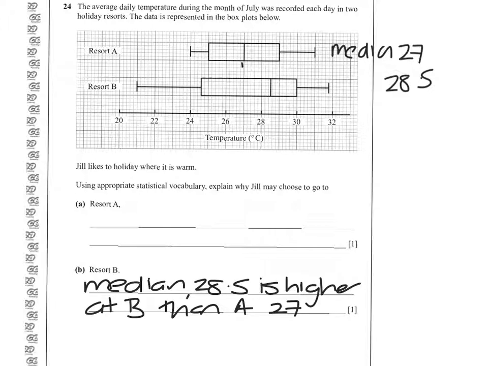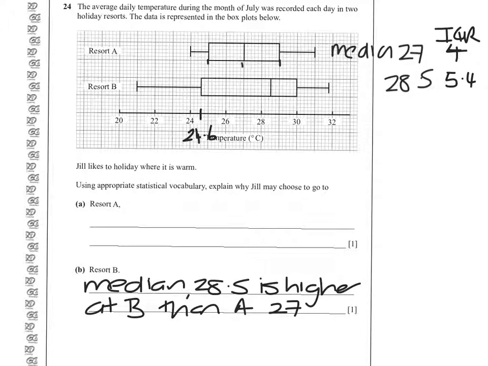Second values that I'm going to use are the range, or the interquartile range, which is the width of the box. The interquartile range for resort A goes from 25 to 29, so it is 4. For resort B, it goes from 24.6 to 30, which means that the range is 5.4.